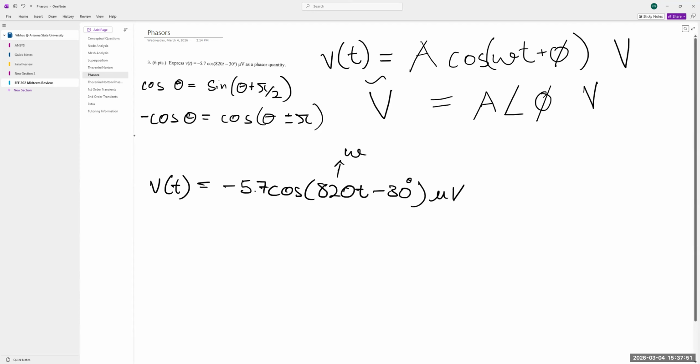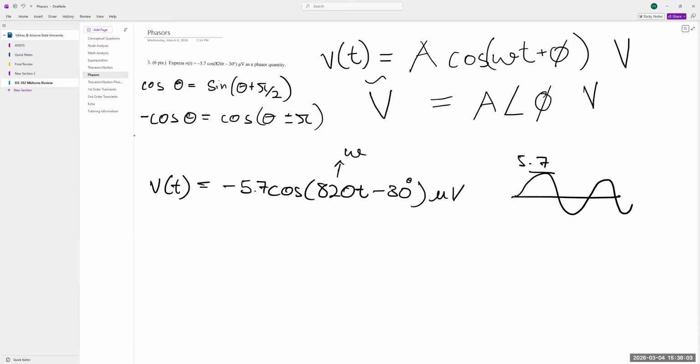So over here, if we just draw out a cosine wave, we know that the magnitude is going to be whatever coefficient is before the cosine. So it's going to have a peak of 5.7. So the magnitude of the phasor of V is 5.7.